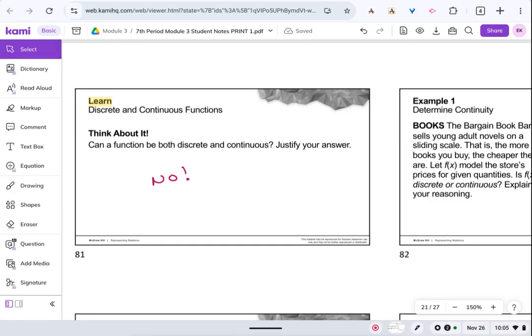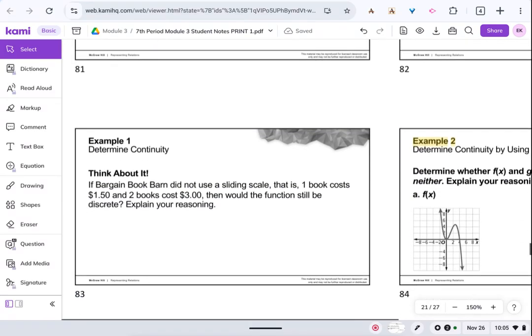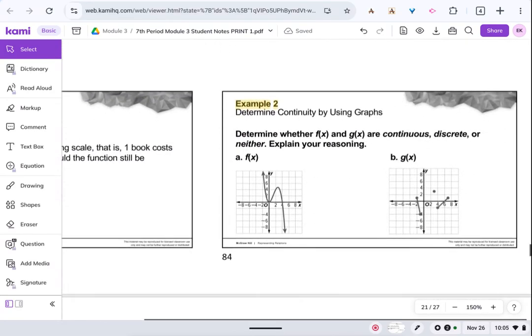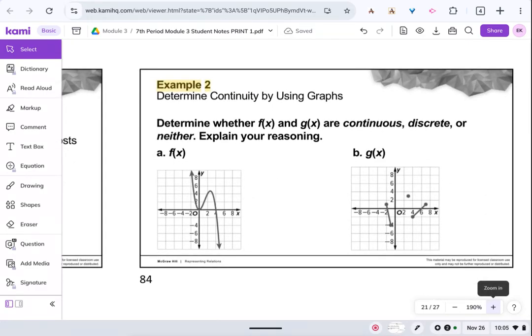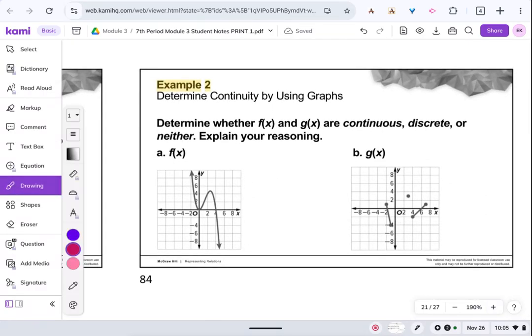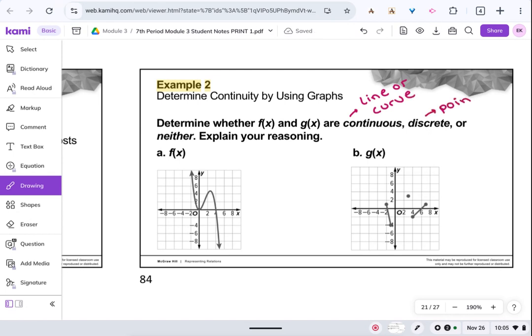Okay. We're going to skip the books example, but we're going to look at slide 84 here. So on slide 84, we're going to determine whether these are continuous. So again, continuous meaning line or curve. Okay, is it a line or curve? Discrete would be points only.